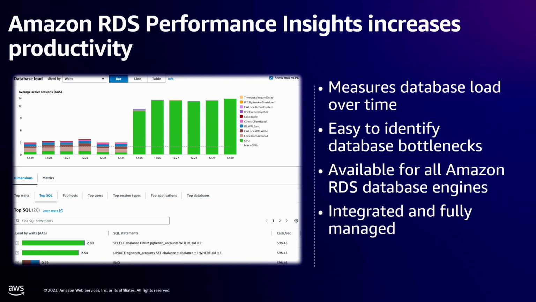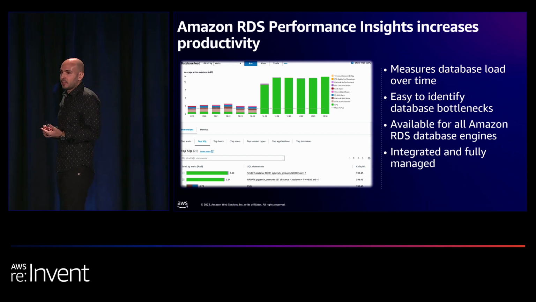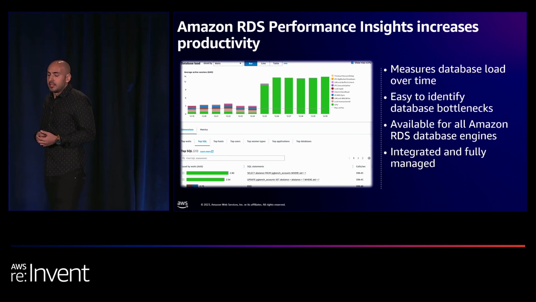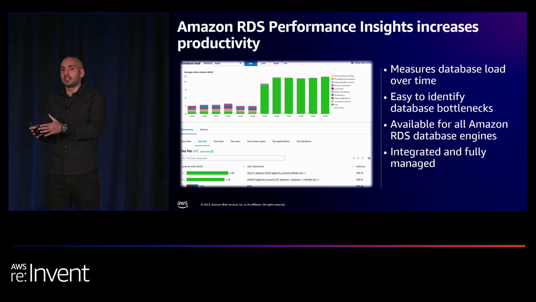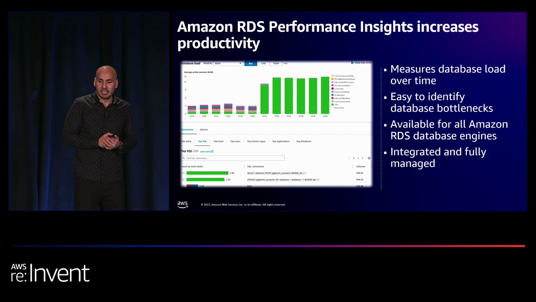What we have found, which is very common to see in the market, is that many developers and DevOps engineers who don't necessarily have deep database expertise still find the tool to be very effective and efficient for diagnosing and resolving database performance challenges. Similar to RDS Enhanced Monitoring, it is also fully integrated and fully managed in Amazon RDS, so you don't need to install anything, you just need to enable Performance Insights, and you can benefit from deep dive advanced diagnostics and analysis.